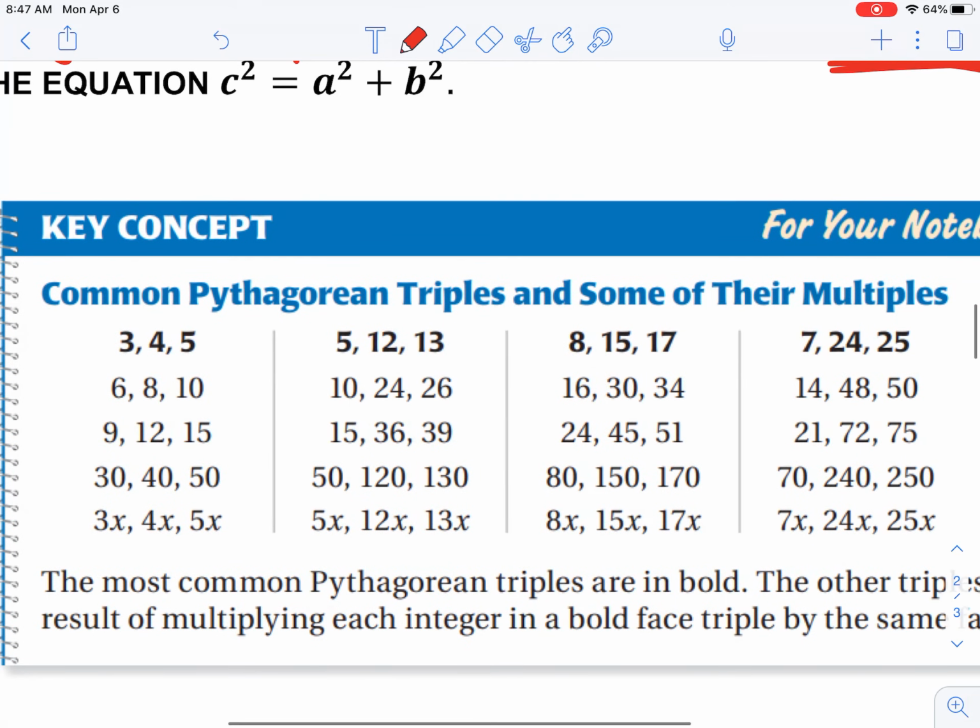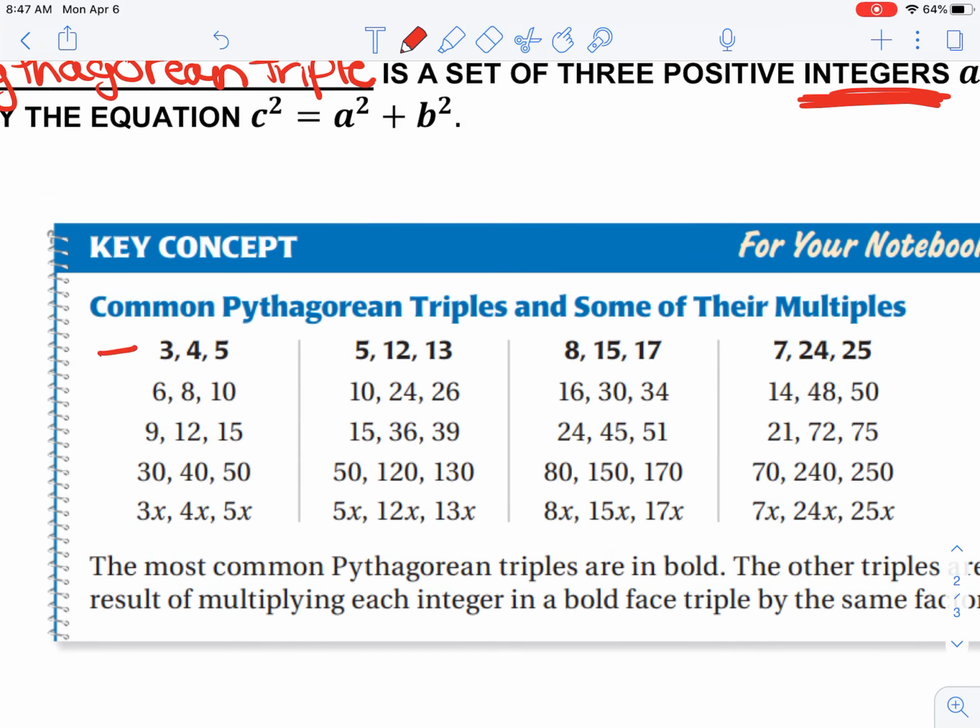And there's a way that we have these organized. We basically organize these into these main bolded ones. 3, 4, 5 is the classic one. If you have a right triangle with side lengths 3 and 4, you know the hypotenuse must be 5. Same thing if you have a triangle with legs 5 and 12, then the hypotenuse must be 13. There are things you can memorize.